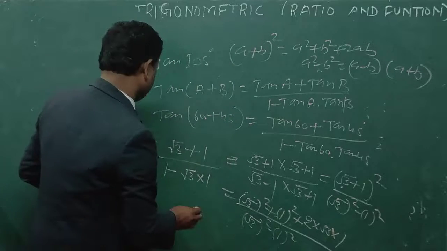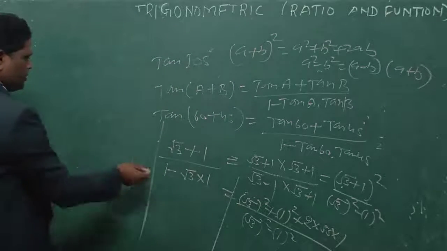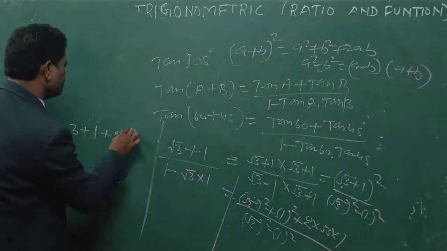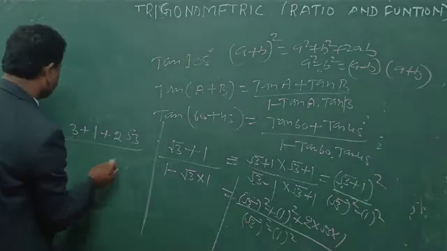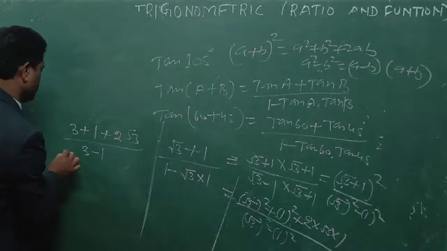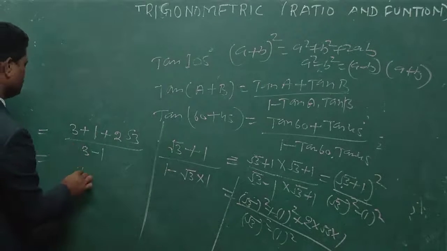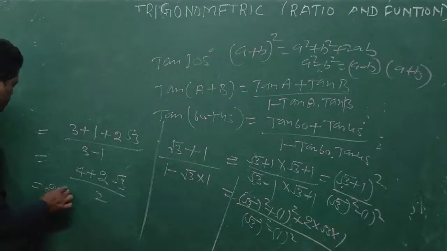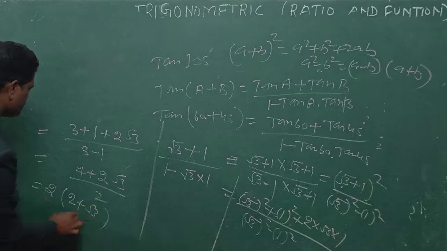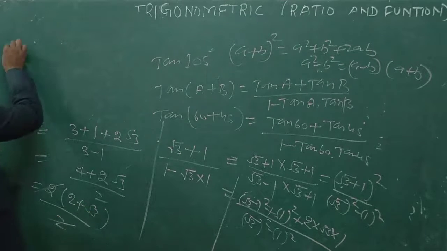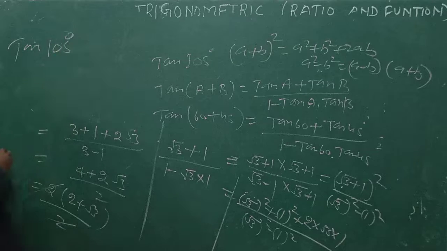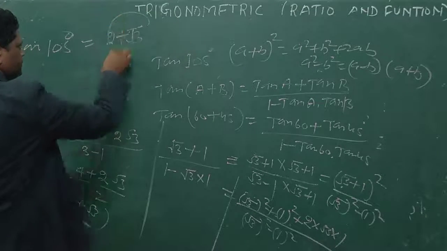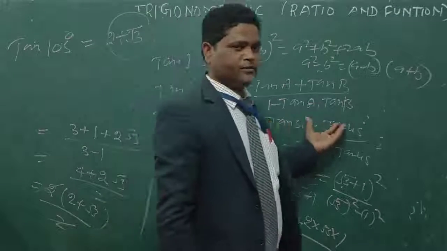So 3 plus 1 plus 2 root 3 by 2, which is 4 plus 2 root 3 by 2. Taking 2 common, 2 plus root 3 by 2 cancels. So tan 105 degrees is 2 plus root 3. Everyone write it down. Thank you for watching the video.